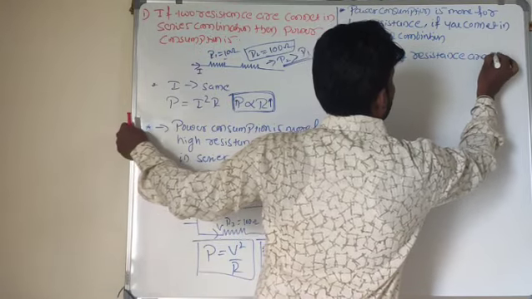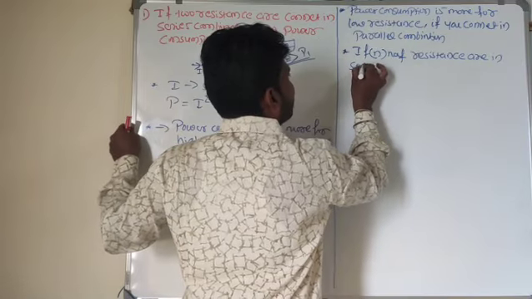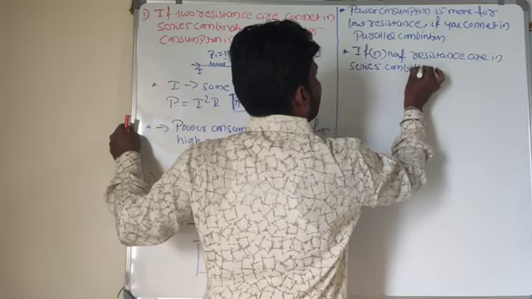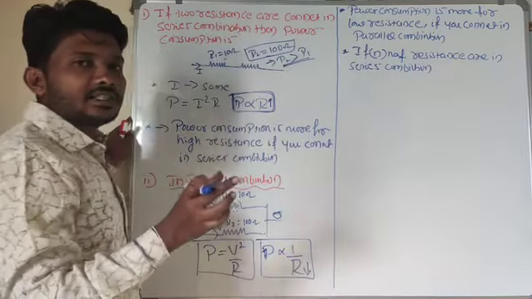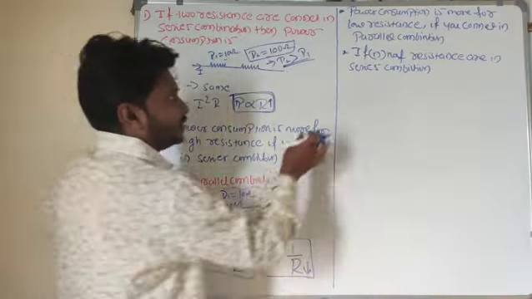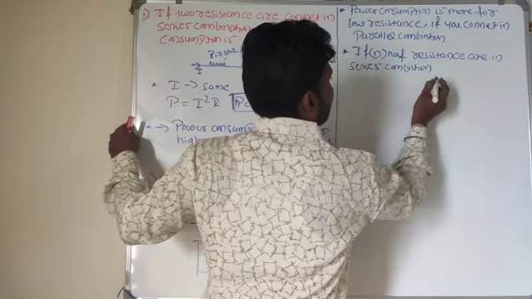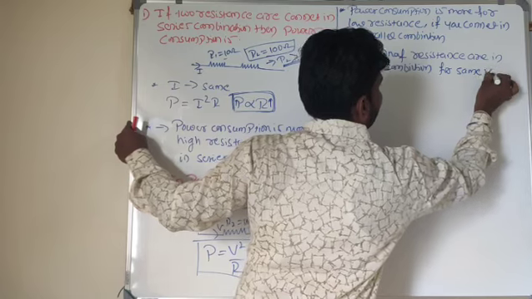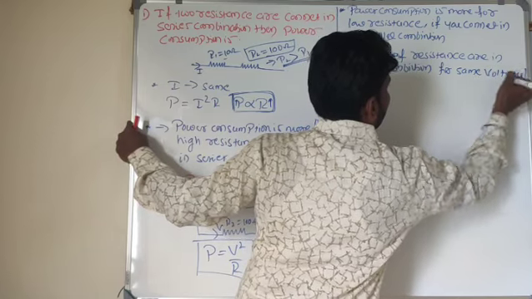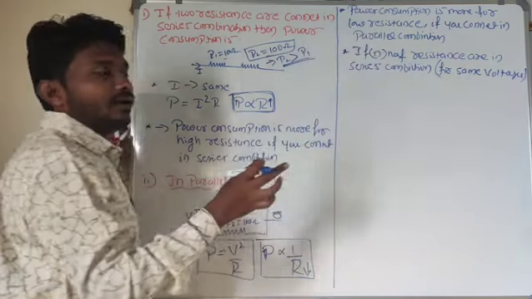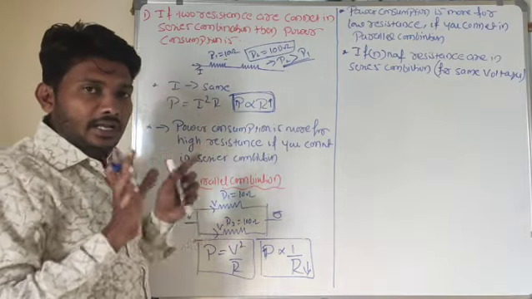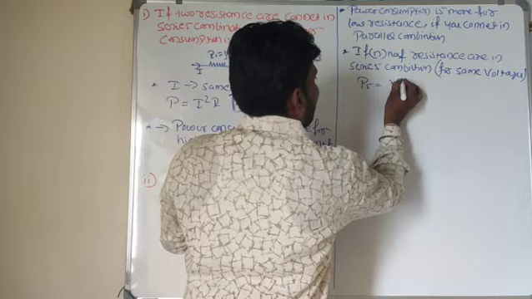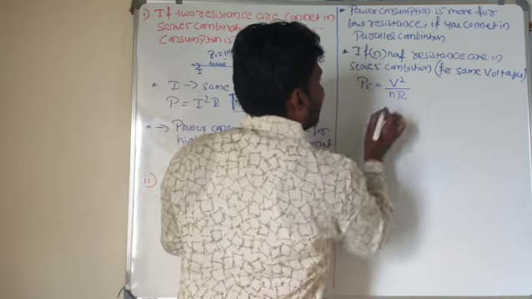First I will take n number of resistances and connect them in a series combination, for the same voltage. Remember, I mentioned that n number of resistances I will connect to the same voltage here. So power in case of series combination is V square by n into R.